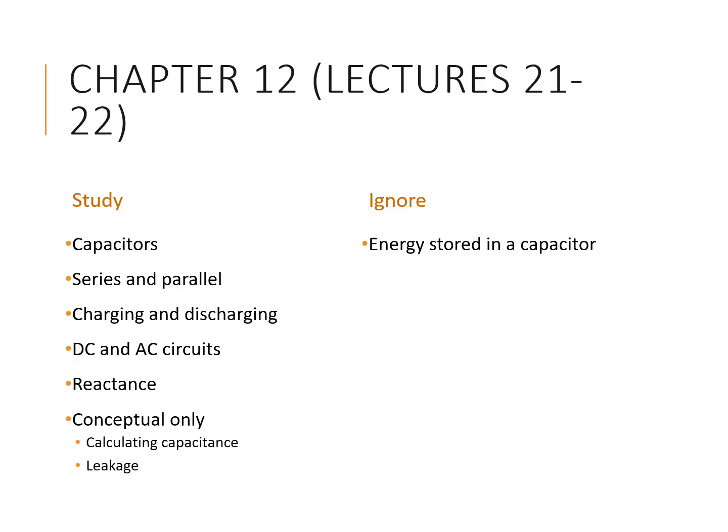But calculating capacitance, so that's using C is equal to epsilon naught A over D. That equation, conceptual only, the idea of leakage, conceptual only as well. And again, we're not going to care about energy.